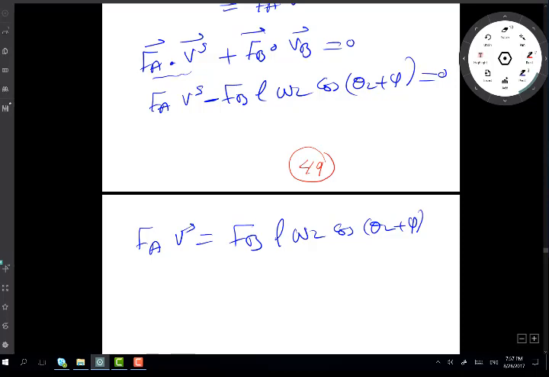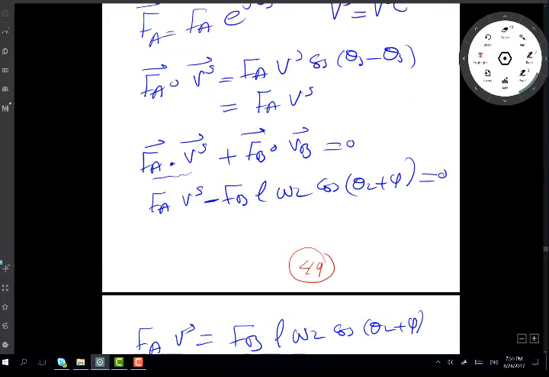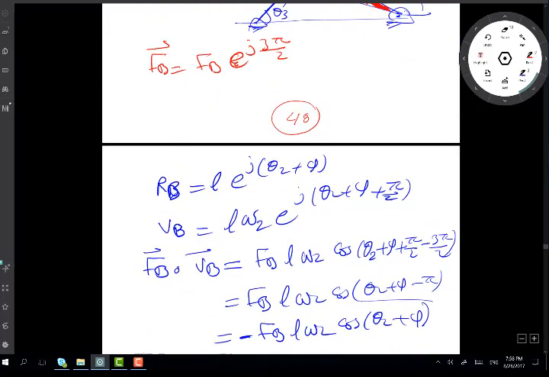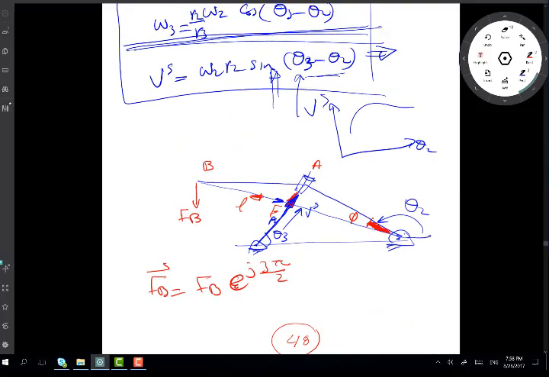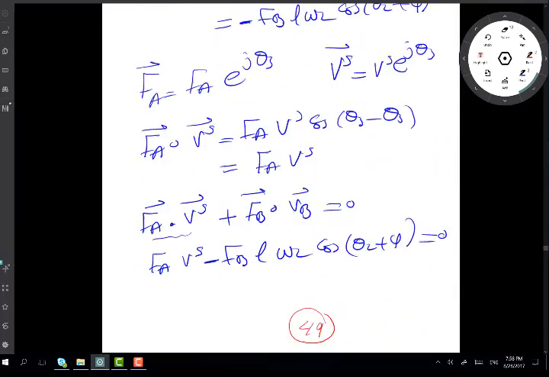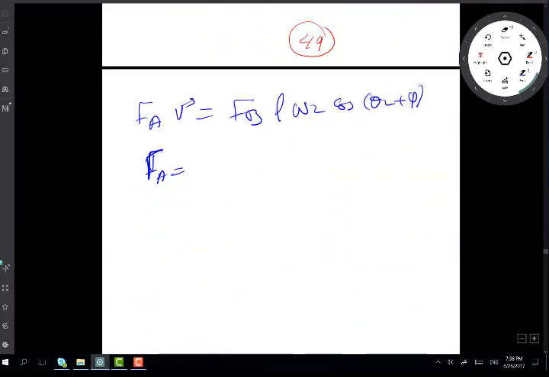I had an expression for VS as a function of ω2 from before, and it is ω2 R2 sine of the difference, θ3 minus θ2.